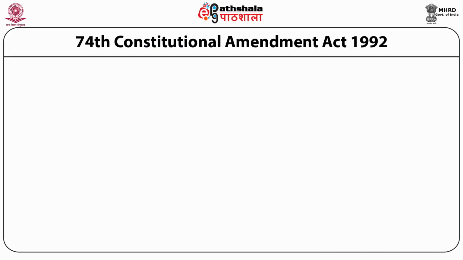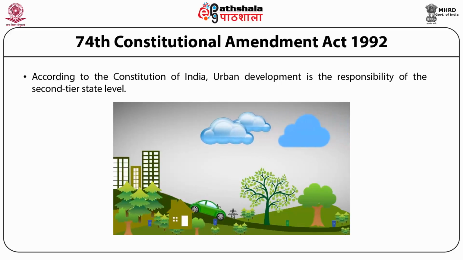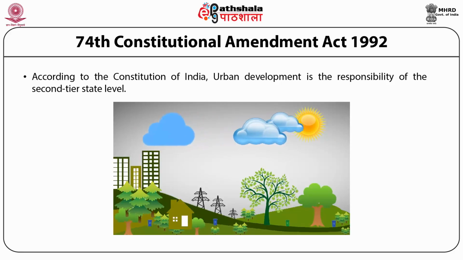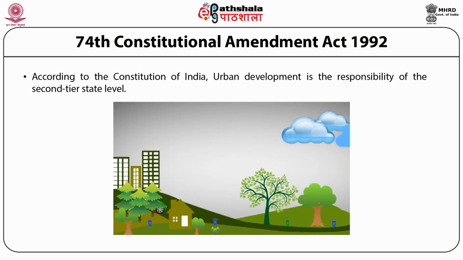So, having discussed some of the aspects of decentralization and good governance, let us see what is the constitutional framework of decentralization in urban India. According to the Constitution of India, urban development is the responsibility of the second-tier, state level. Therefore, the central government can issue directives on urban matters, but it does not have the power to legislate.